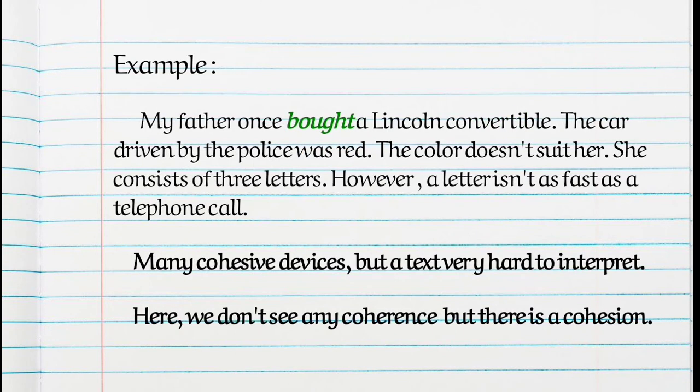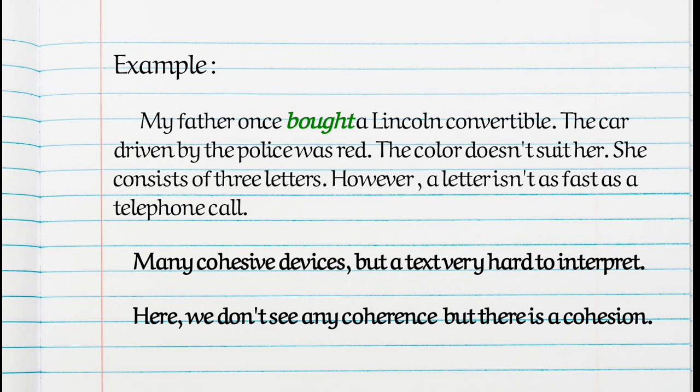another example, the same example: my father once bought a Lincoln convertible. The car driven by the police was red. The color doesn't suit her. She consists of 3 letters, however, a letter isn't as fast as the telephone call. Now, as you can see in this example, there are many cohesive devices such as the words father, once, a Lincoln, the in the car, the in the color, her, she, however, a letter, and the telephone call.